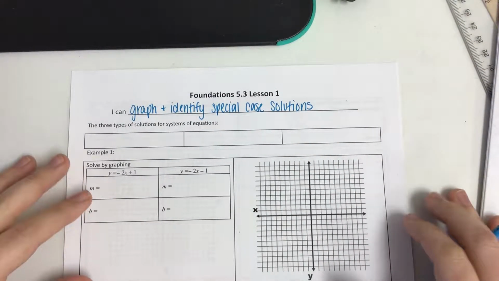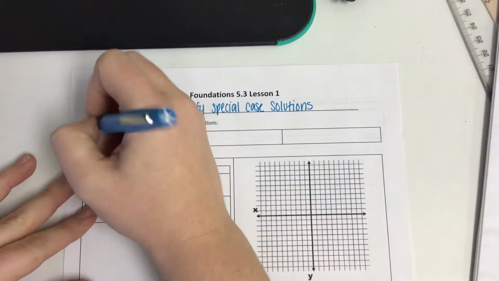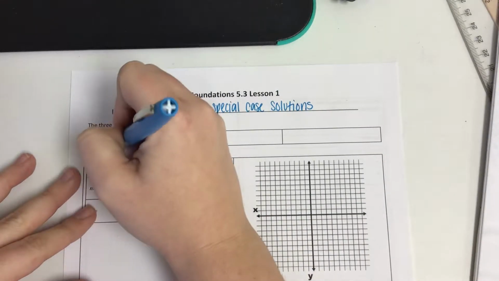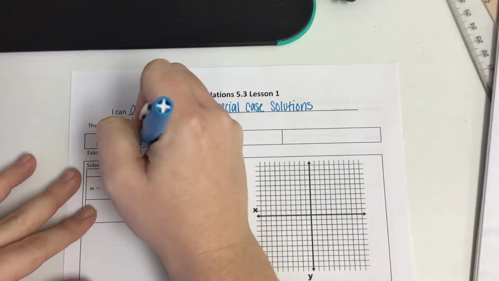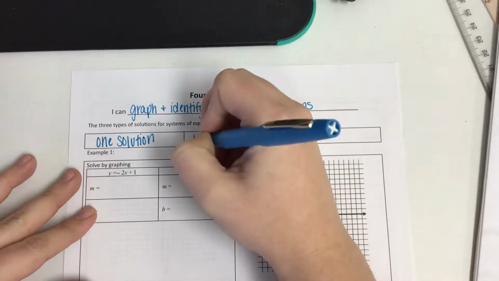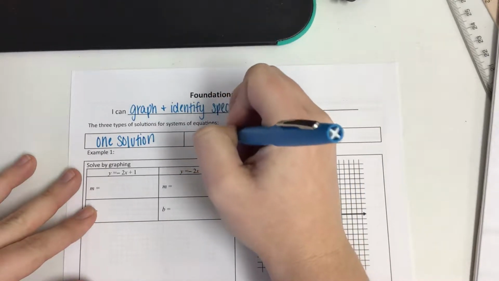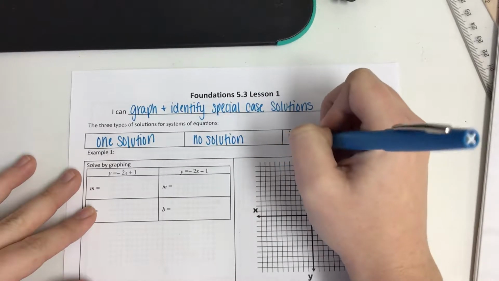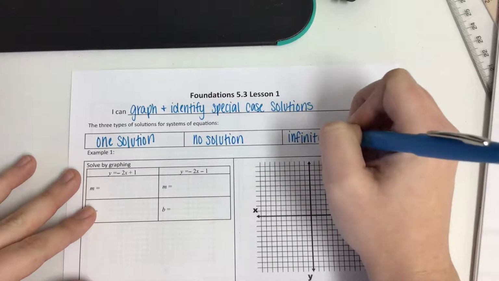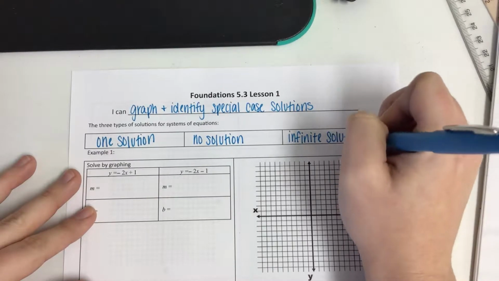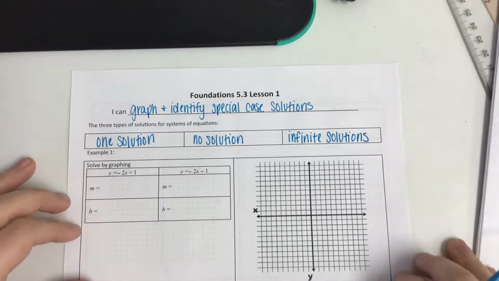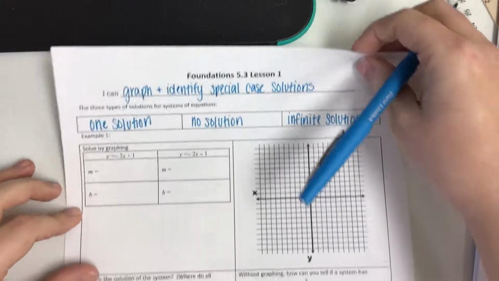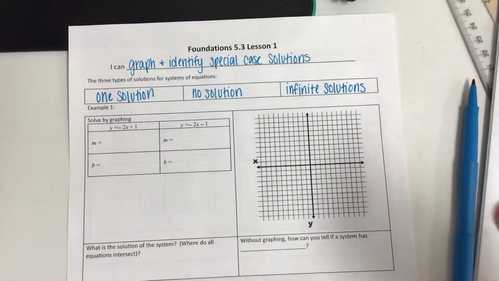So the three types of solutions for systems of equations, we can have one solution, no solution, or infinite solutions. So this first one, we are going to solve by graphing.